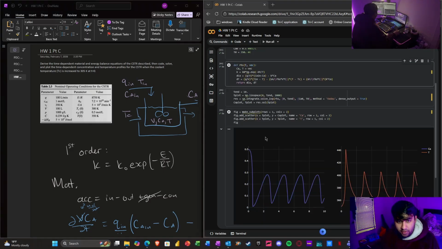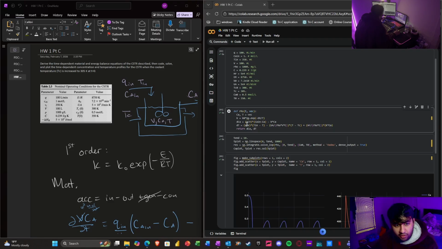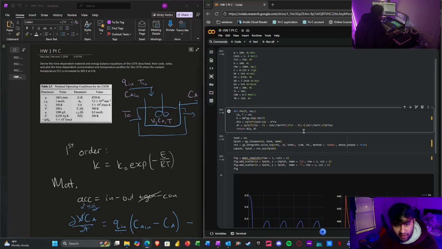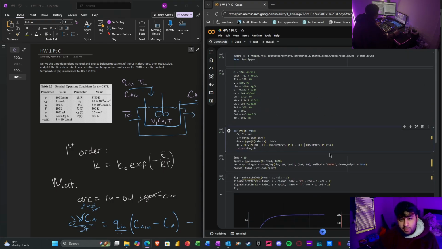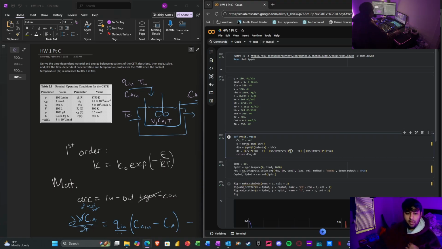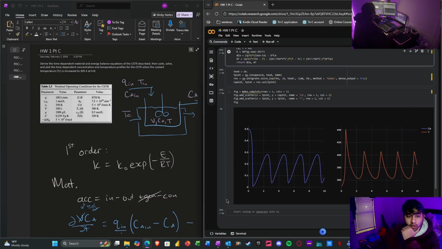Okay, I did figure out the issue here. So I had this as a negative. When we had it as a negative, it just didn't change even when I changed it to 305. But if I change it to positive, we do get the graph that we're looking for.